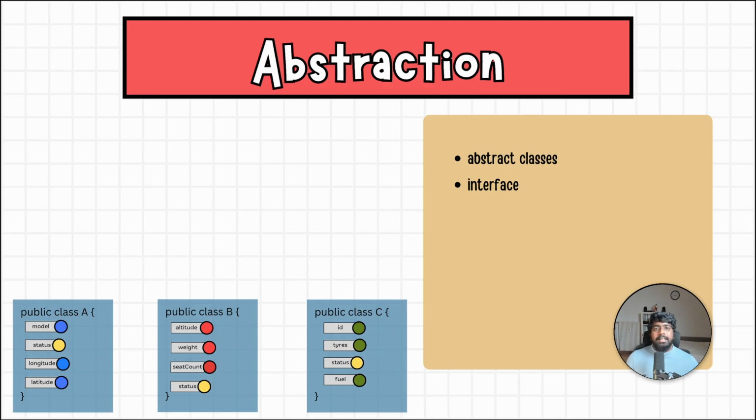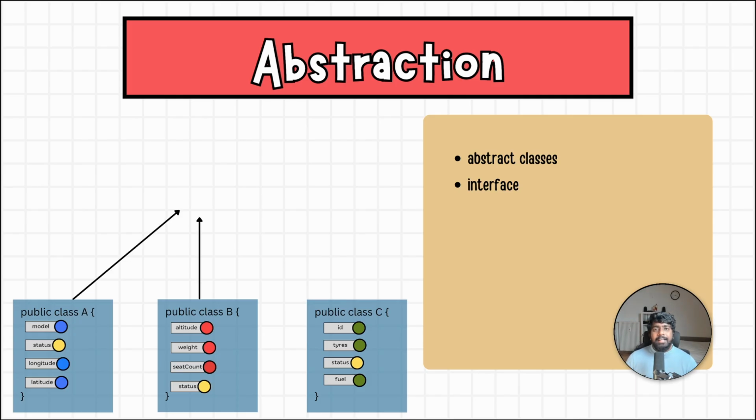Abstract classes and interfaces are meant for extracting out the repeated lines of code and putting them into a central location, which does not have the complete knowledge to represent a real object. So this is the real differentiation between inheritance and abstraction.